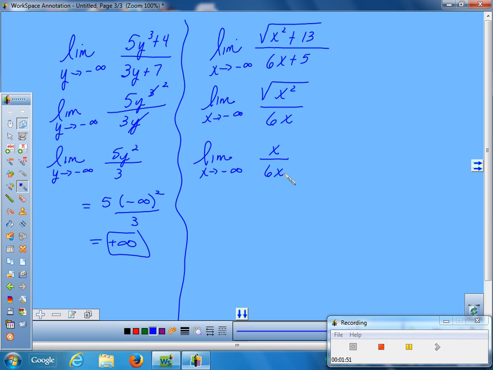But you remember a special little rule about even roots, and they had an even power on the inside of the root. I teach it as even, odd.